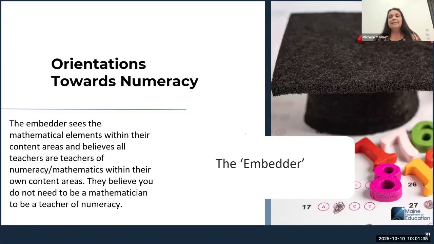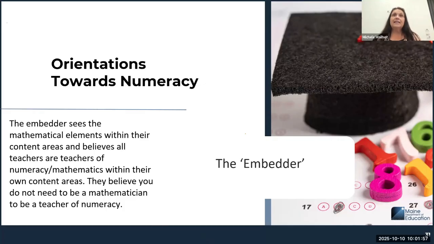The embedder sees the mathematical elements within their own content areas. And they believe all teachers are teachers of numeracy and mathematics within their own content areas. They believe that you do not need to be a mathematician to be a teacher of numeracy.